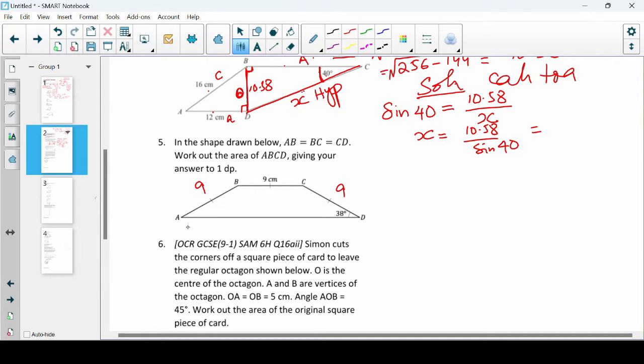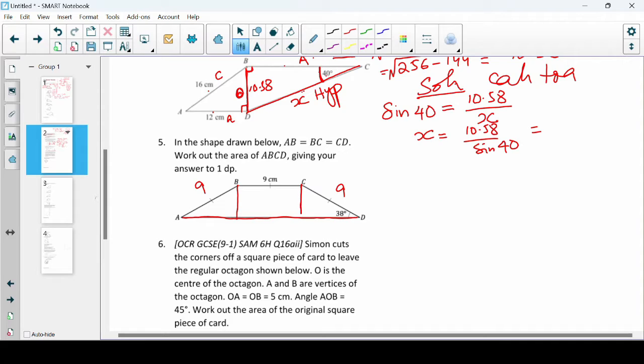So we have to in fact find this length. To find the area, we have to find this length, so that it's in fact a trapezium. We need to find the area of the trapezium. We need the height as well.